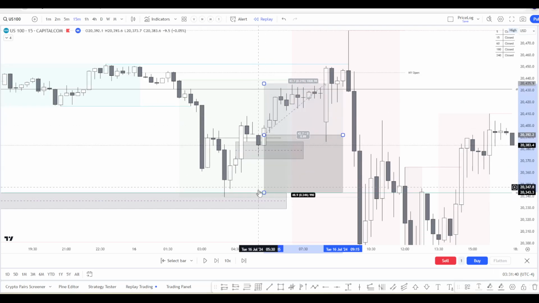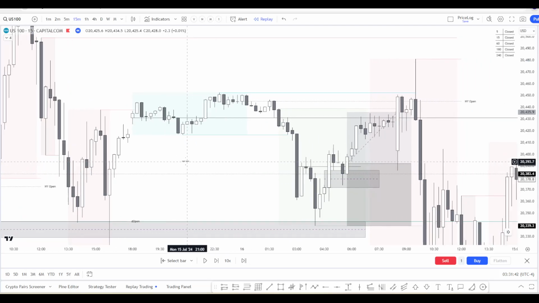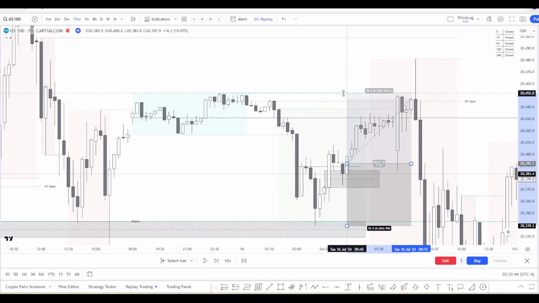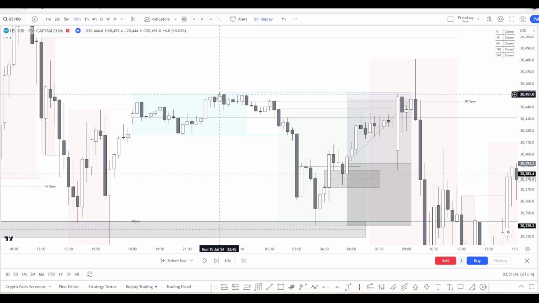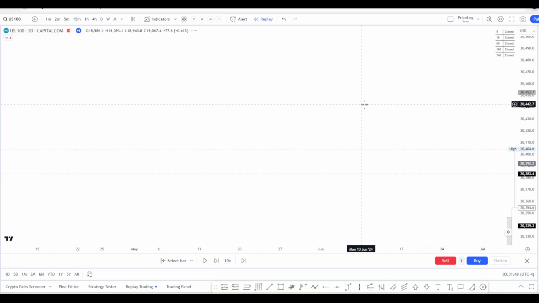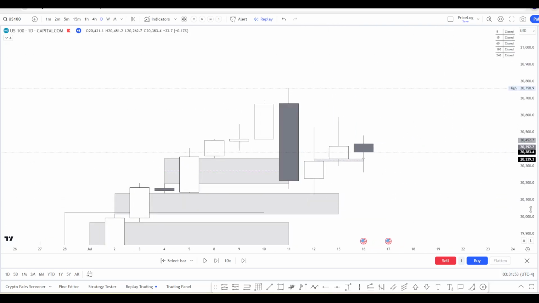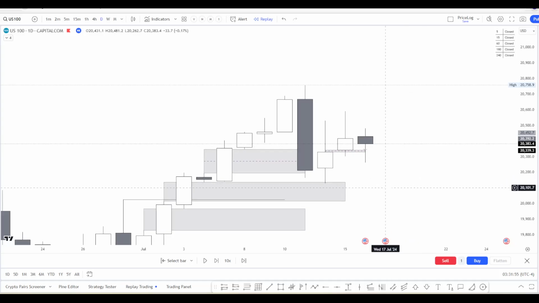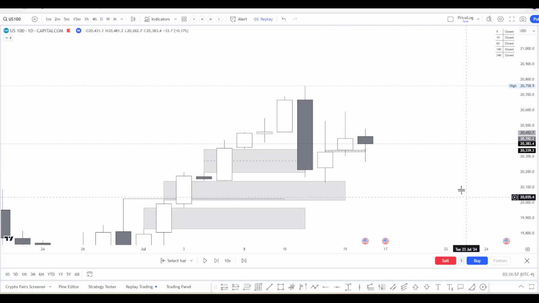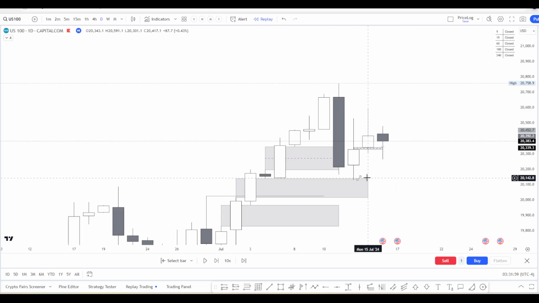So where would our invalidation be? At least to the high here, or if we go to the daily, once again, on the daily we go from external to internal. So here we have taken external, creating internal, made internal.